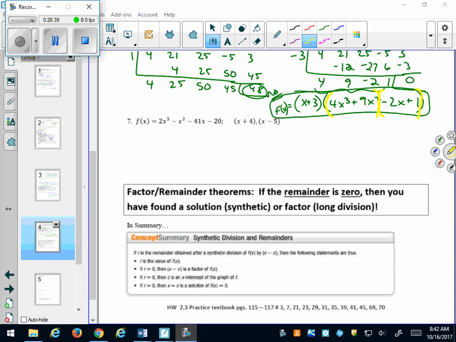Okay, so did these turn out to be factors? Both of these turn out to be factors, right? We tested -4, we tested +5.